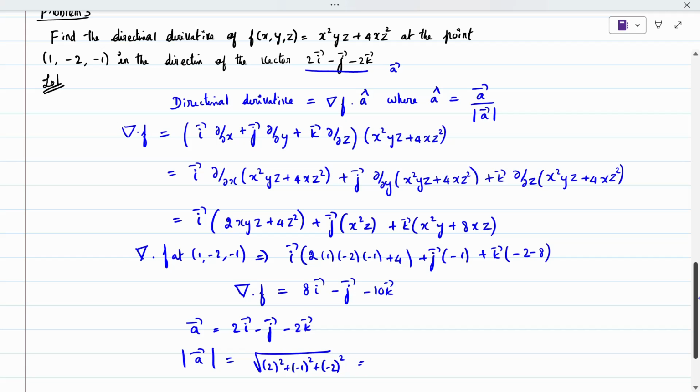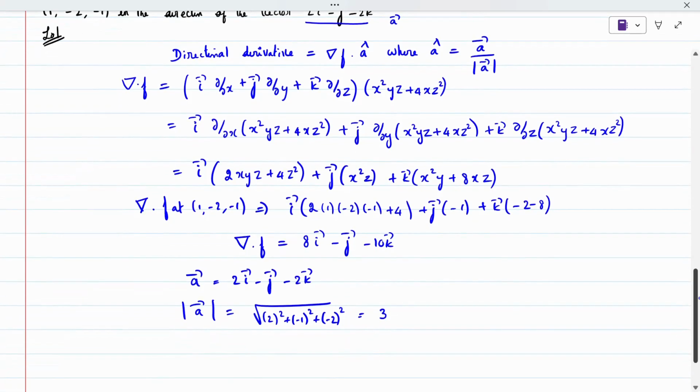Root 9 is nothing but 3. So now a cap. A cap is nothing but a vector divided by the magnitude of a vector, so 2i vector minus j vector minus 2k vector divided by 3. So completed. These both I have to multiply.